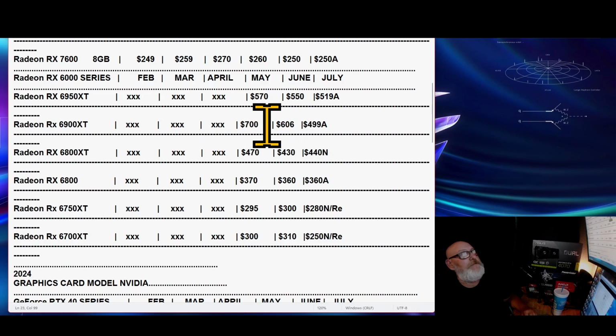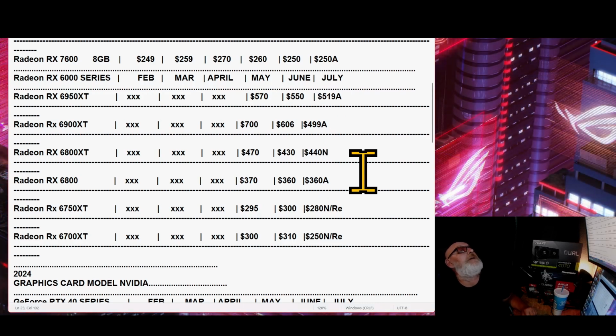So we got $570 in May for the 6950 XT. June it came down about $20 to $550. July, try to fix this a little bit better. It's just being a stubborn game. Okay, so it came down to $519 and it's on Amazon.